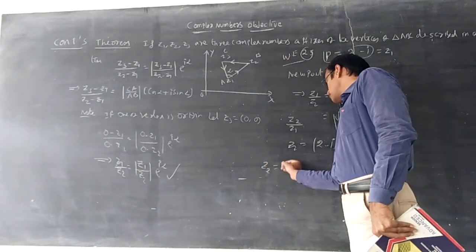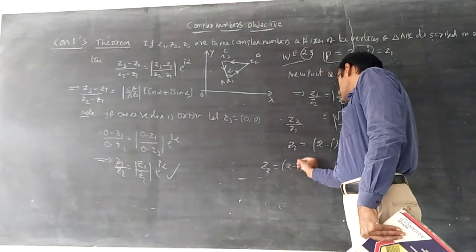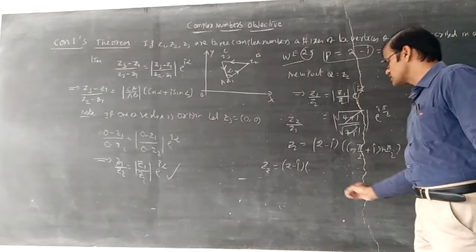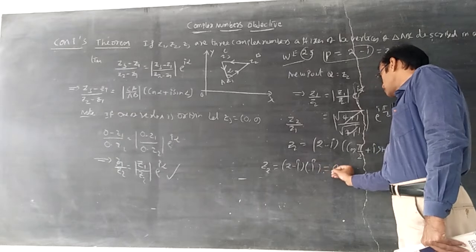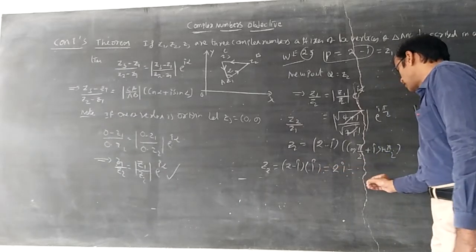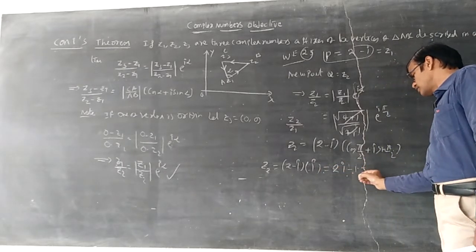So Z2 is equal to 2 minus I into cos 90 plus I sin 90, which becomes 0 plus I, that is I. Multiplying, 2I minus I square becomes plus 1.